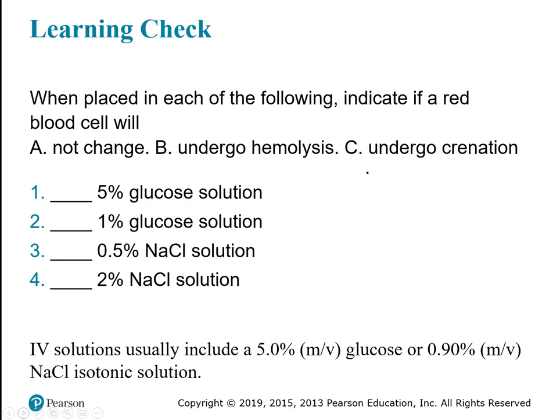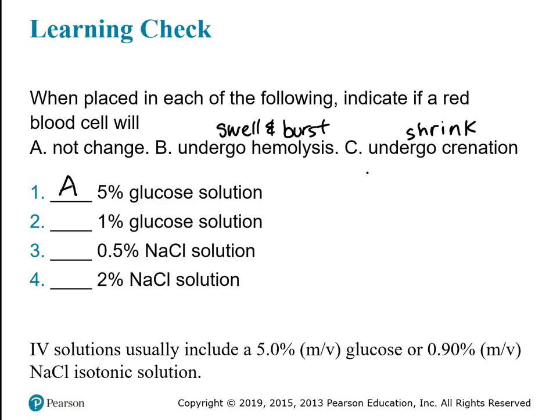Now let's do a learning check where we look at whether or not a red blood cell will experience a change or not. So it's no change. They'll undergo hemolysis, which you'll remember that is swelling and bursting. Or if they undergo crenation, which is shrinking. At a 5% glucose solution, that's what you would see in an IV solution, so that's not going to be any change.